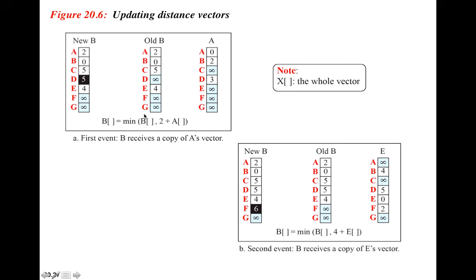So this is the old B's vector, and this is A's vector. This will be the new vector.